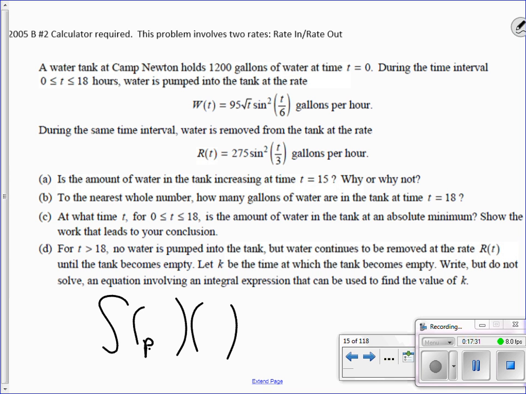So if the rate they give you is pigs per hour, and you're integrating with respect to time, that'll give you pigs. If you didn't integrate, you wouldn't get pigs. So whenever they ask you for a rate, you're not going to be integrating.